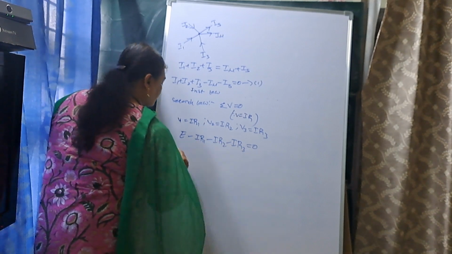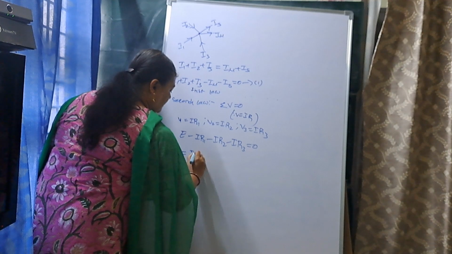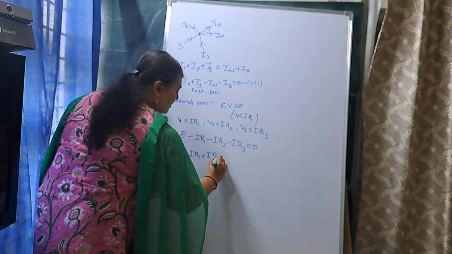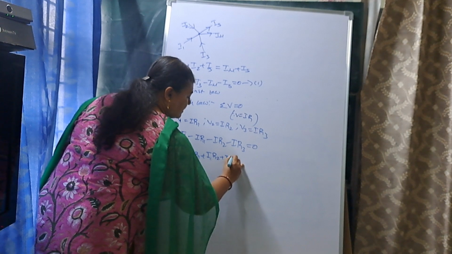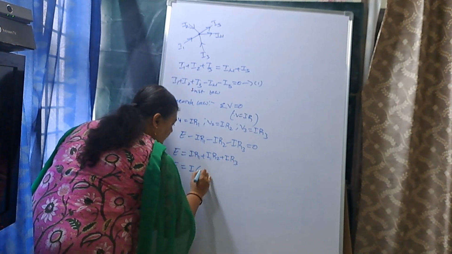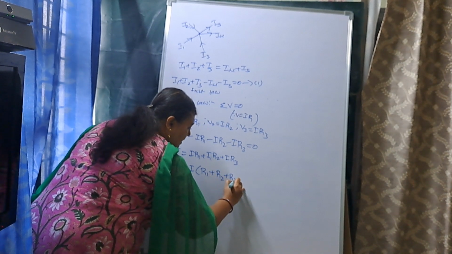Okay. When we transfer E here, it becomes IR1 plus IR2 plus IR3. When you take I common, R1 plus R2 plus R3.